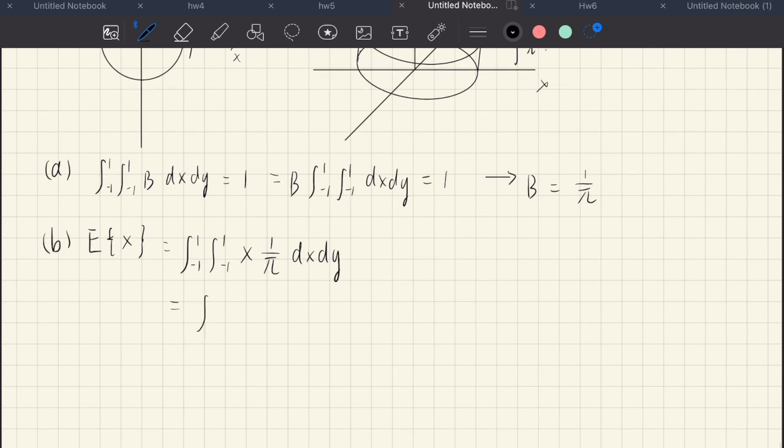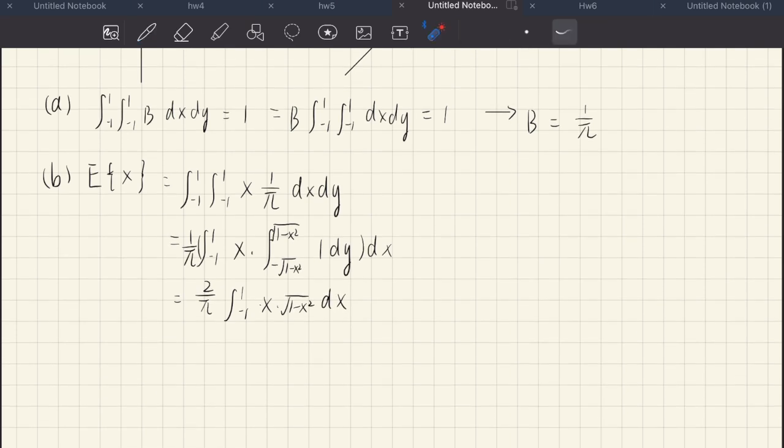This should be equal to 1 over pi times the integral from -1 to 1 of x, times the integral from minus the square root of 1 minus x squared to the square root of 1 minus x squared of 1 dy dx, which equals 2 over pi times the integral of x square root of 1 minus x squared.